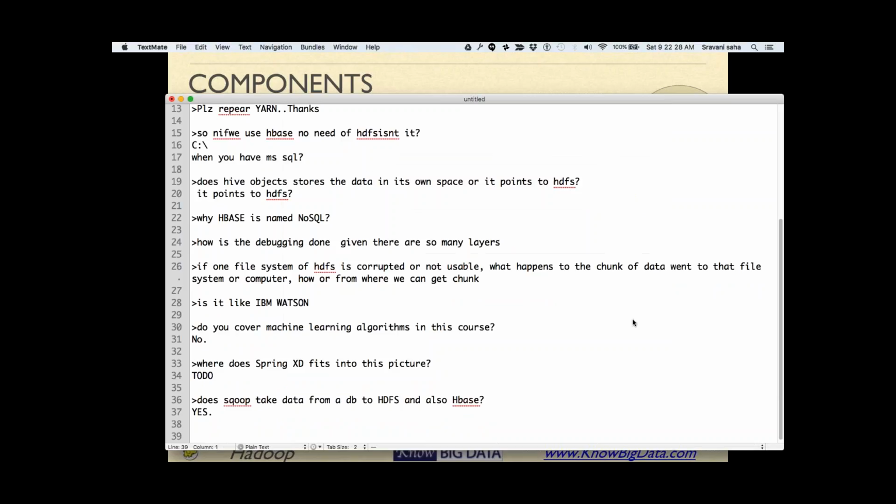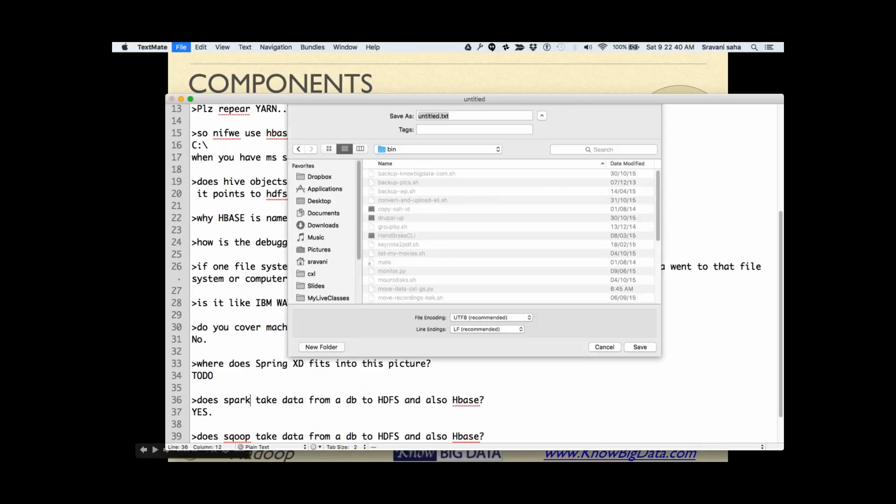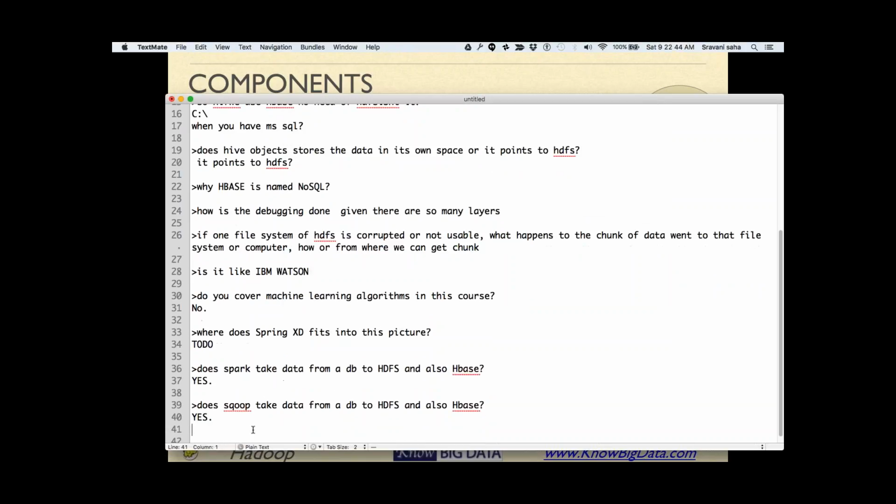Similarly, Sqoop takes data from DB to HDFS and also to HBase. Yes. With Sqoop, you can transfer data from a normal database to HDFS as well as to your HBase. Okay. Good question.